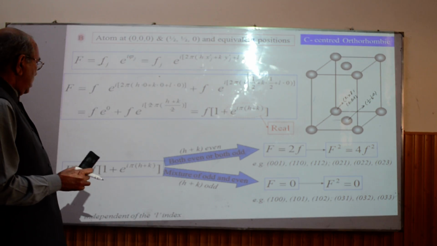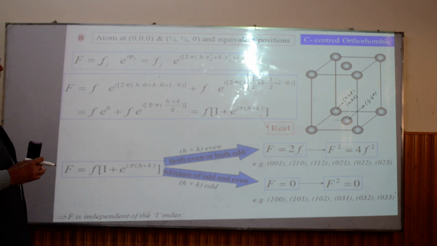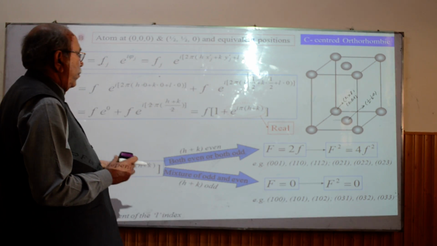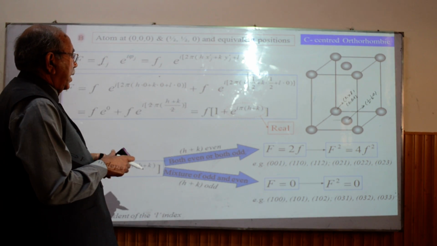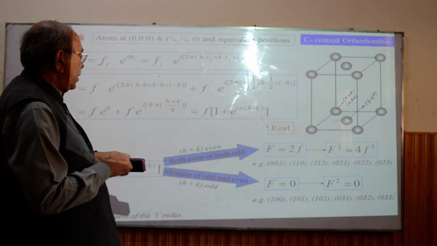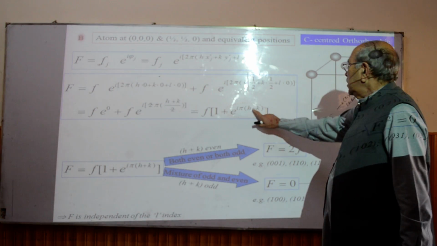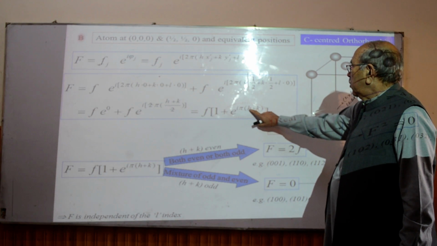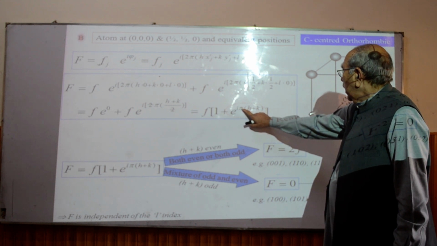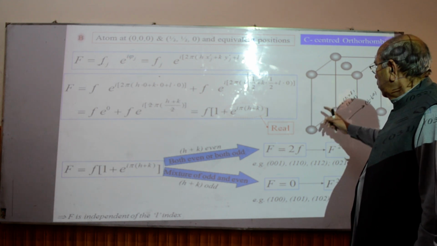Okay, now what value of h plus k will be there to get the reflection? For example, if h plus k is even, this number will be e raised to the power even into pi, and we have already done that e raised to the power even into pi is equal to 1.